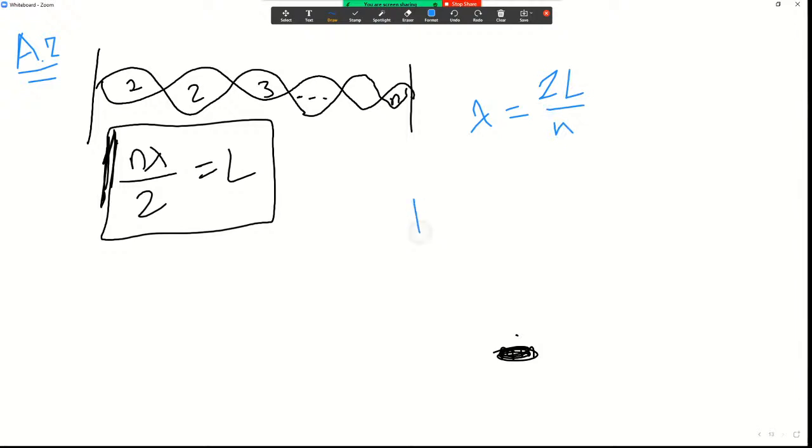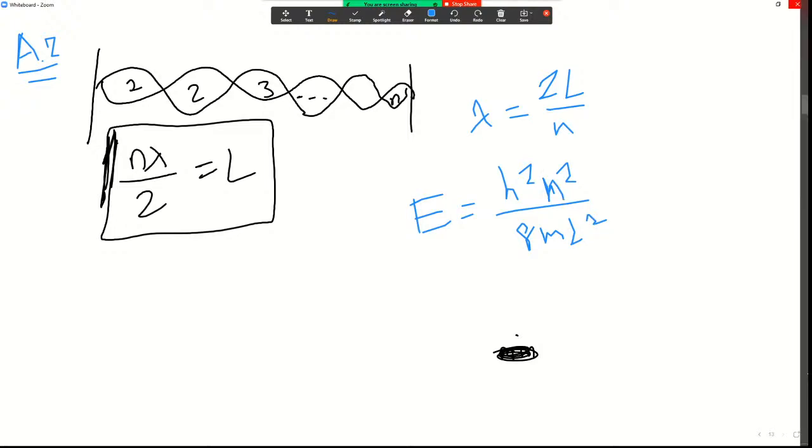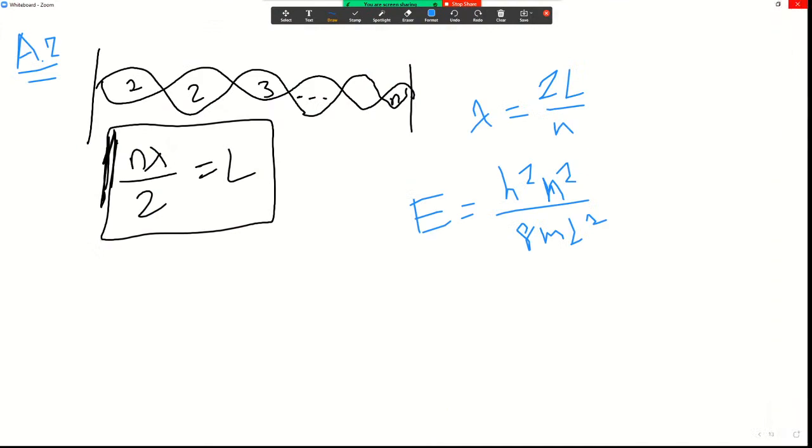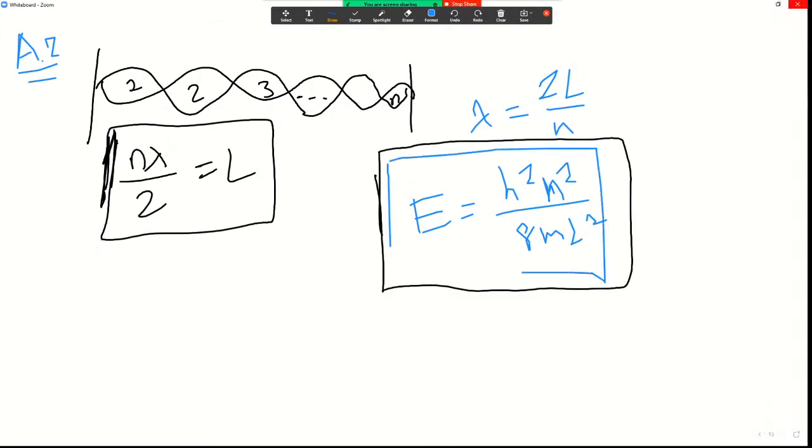So that would mean that using the same thing, E is just h squared n squared over 8mL squared. And then in terms of E min, yeah, this is just the general expression.